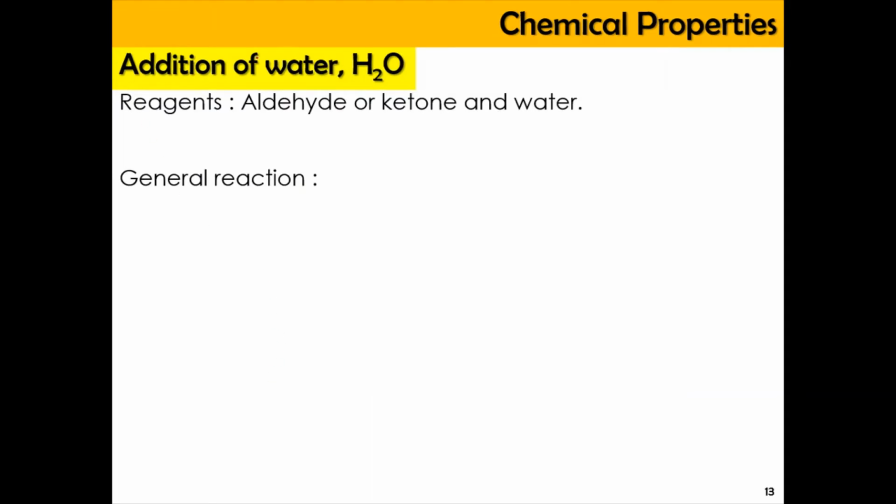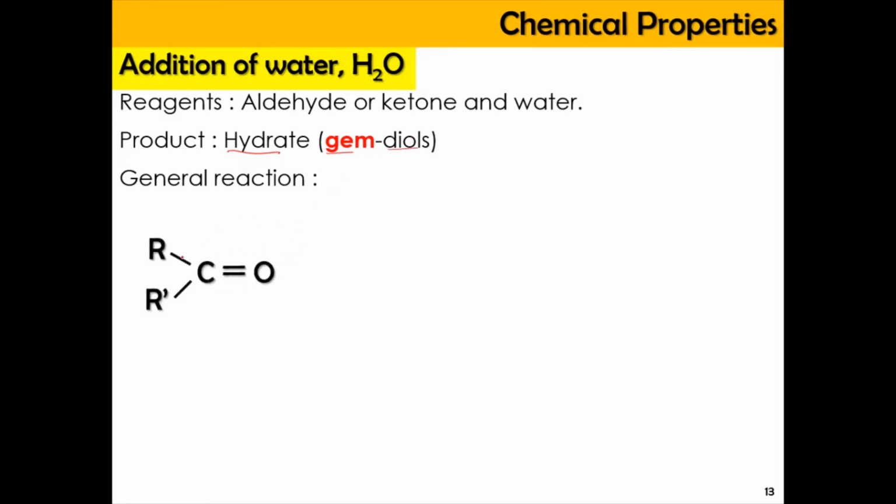Now we're going to focus on the addition of water to the aldehyde or ketone. Via the reaction of an aldehyde or ketone with water, what we produce is the hydrate, also known as the gem-diol. Let us look into the general reaction. Let's say we have our ketone here, the carbonyl compound, and we react it with water. The OH will attach here, and this will take up the hydrogen.